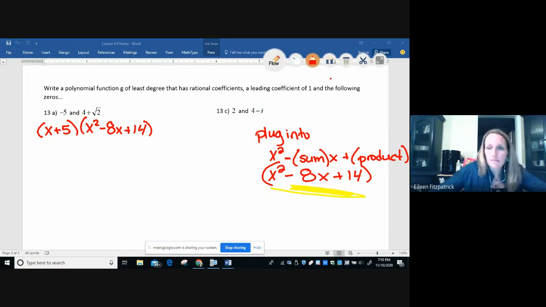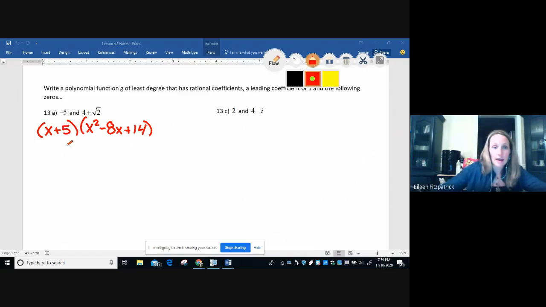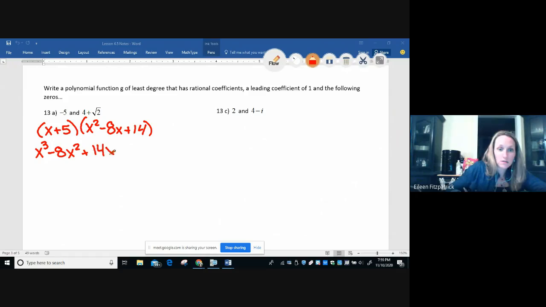And the final step, so that you can be done with this problem, is to multiply it all together and get a polynomial function of least degree, rational coefficients, leading coefficient of 1, and the following zeros. So distribute the x into all of it. So I have x cubed minus 8x squared plus 14x. Distribute the 5 into it, so plus 5x squared minus 40x, and then plus, what is that, 70.